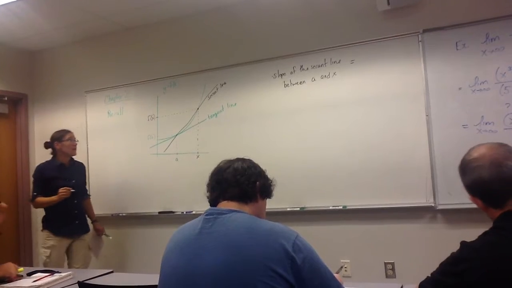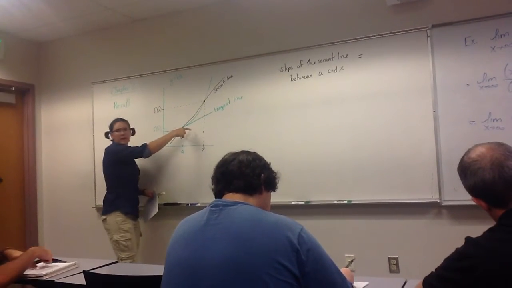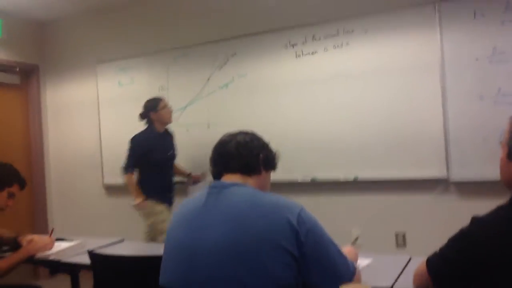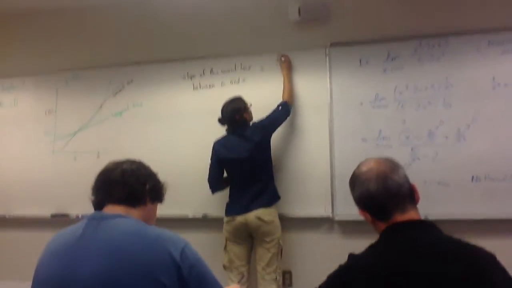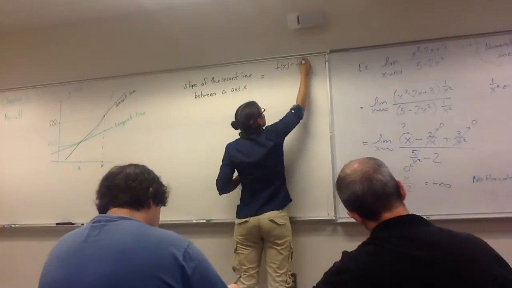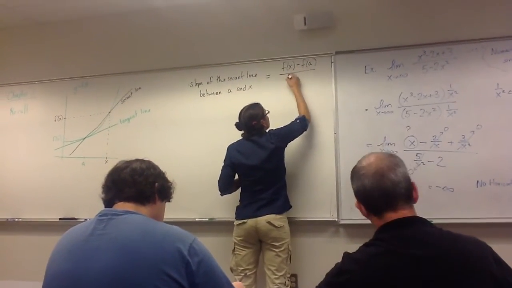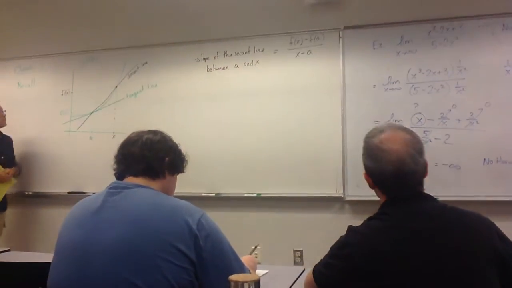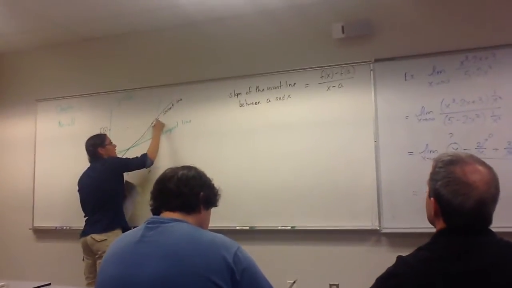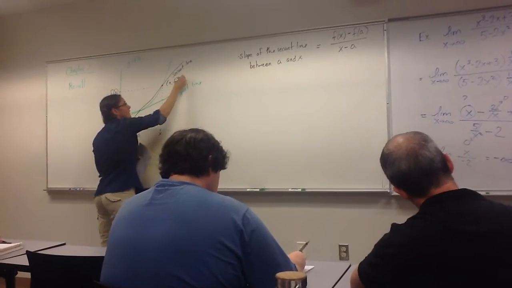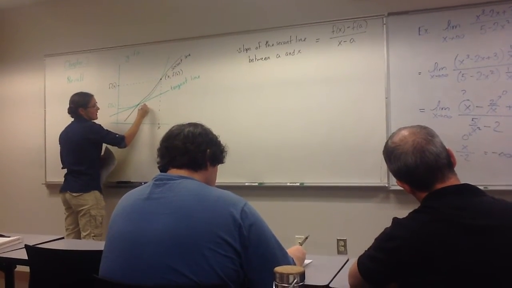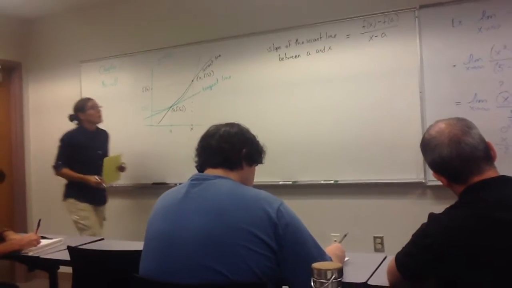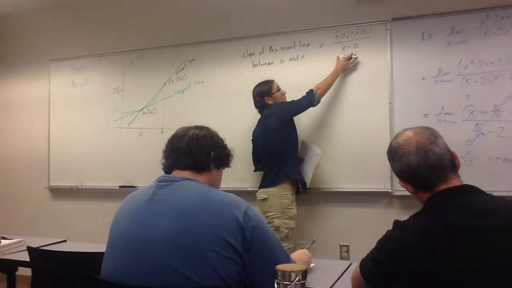The slope of the secant line between a and x, well, we would find the difference between the y values and then divide that by the difference in the x values. And so we could write this as f of x minus f of a over x minus a. So our point up here is x comma f of x, and our point down here is a comma f of a. All right, so this was the slope of the secant line, and this was our formula for it.